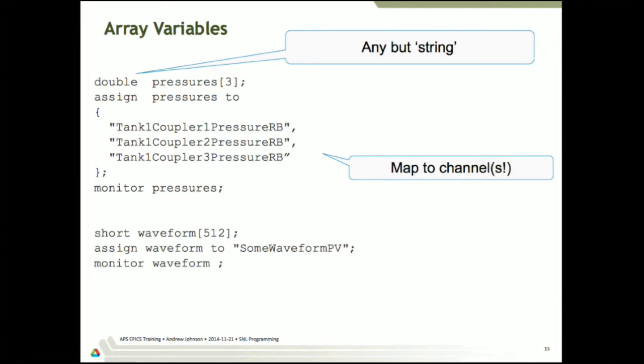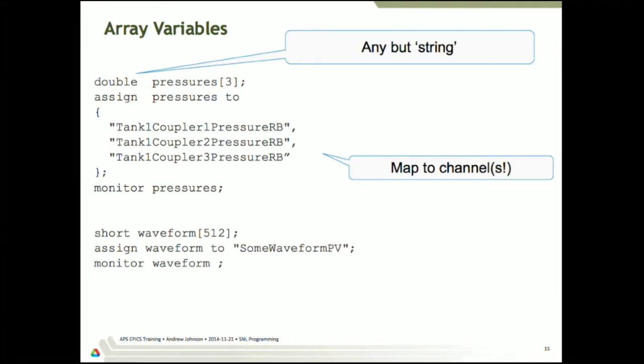Pressures is an array of three variables there. And what we've actually got is we want to assign that, and we can give three different channel names. So here we've said we want to map that array of pressures to these three channels in turn, and then we're monitoring them. So similarly, we can actually set up multiple monitors at the same time and handle those like that.